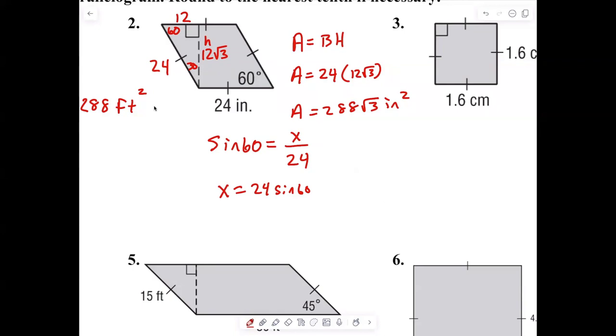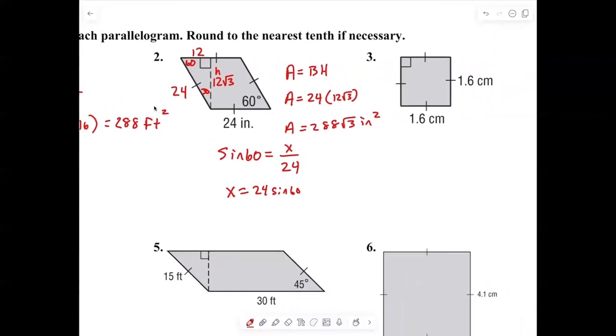Every single time your mode should be in degrees. When you get to high school in pre-calc, they'll tell you about the radians. But right now, your mode should always be in degrees because we're talking about the degrees of a triangle. All right. Number 3, area is just what?